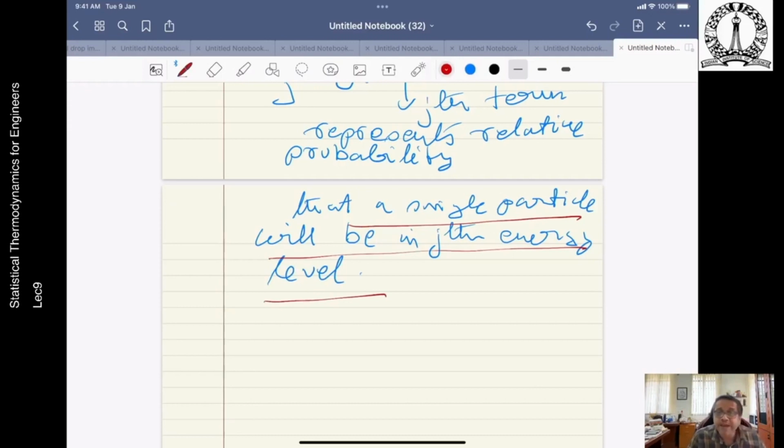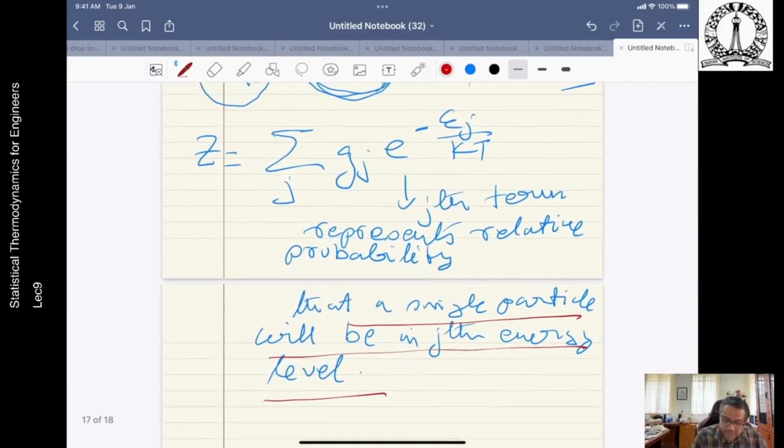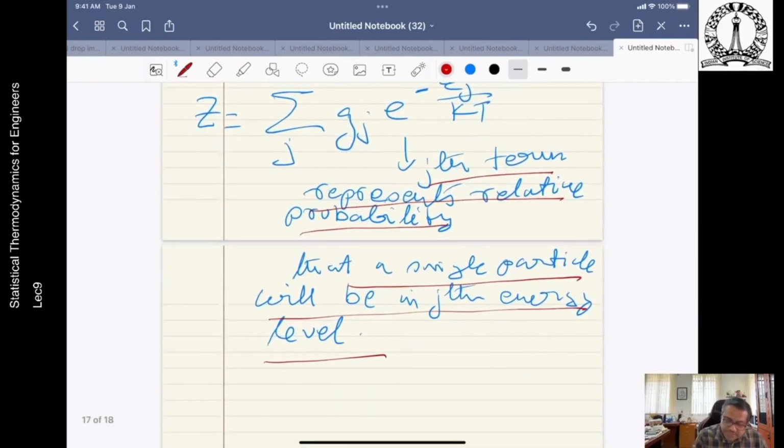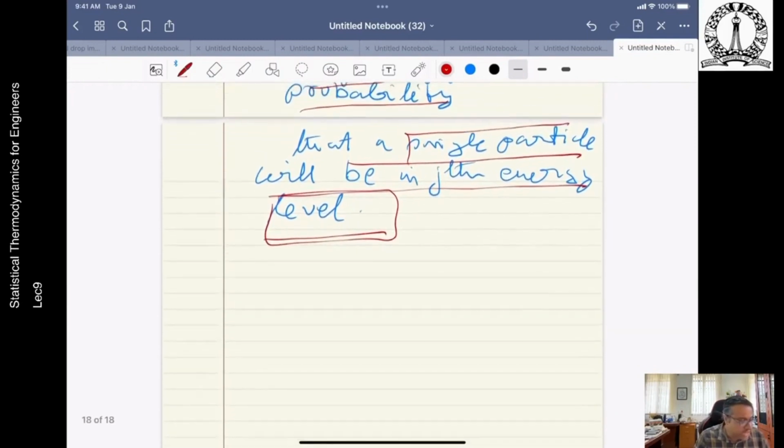So the jth term, in terms of physical interpretation, represents the relative probability that a single particle will be in the jth energy level. That is how you should interpret it.